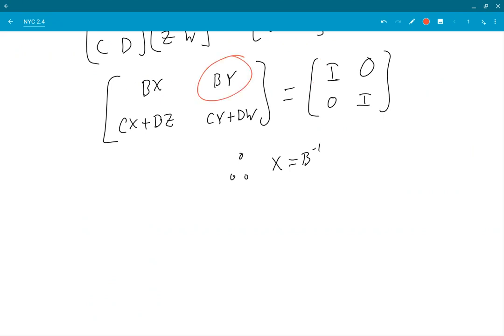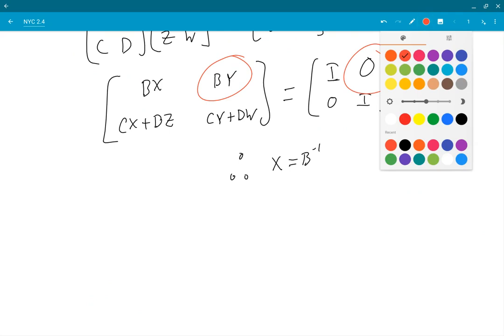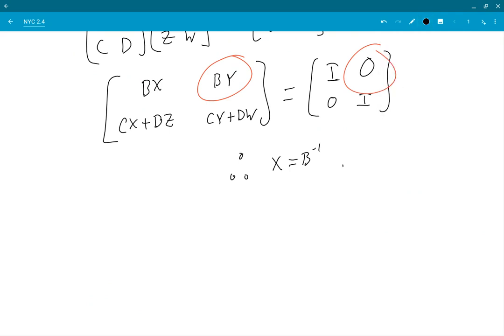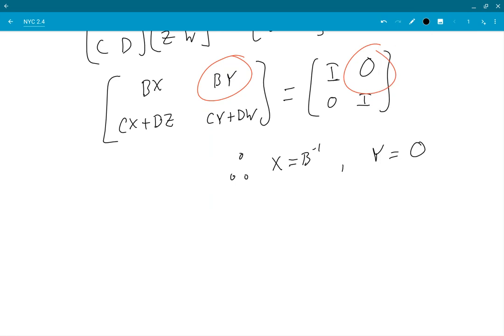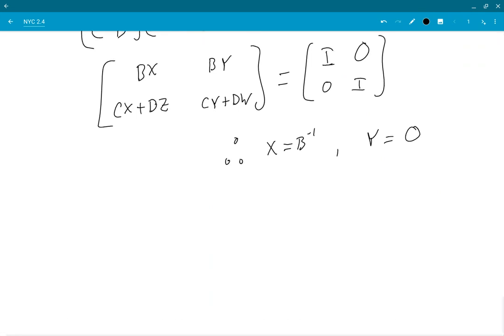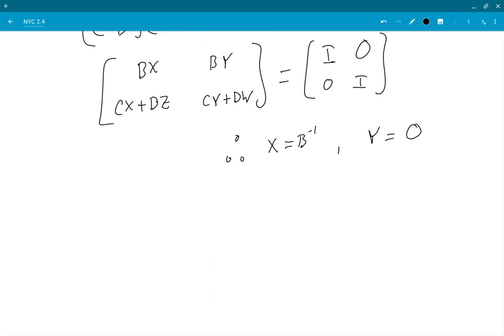And then by looking at this and this, I see that y must be 0. The zero matrix, right? Not 0 the number. Careful with your conception of that 0 there.